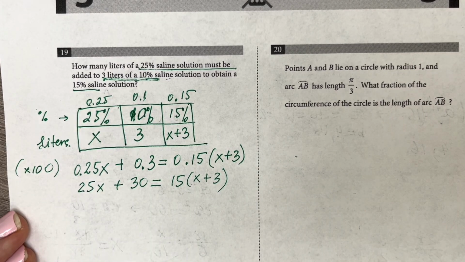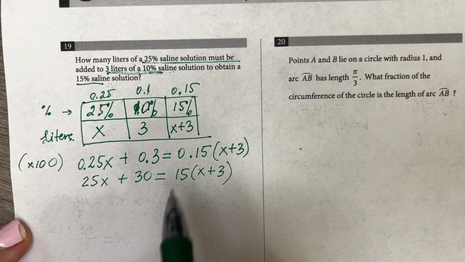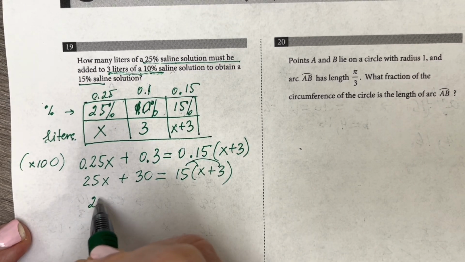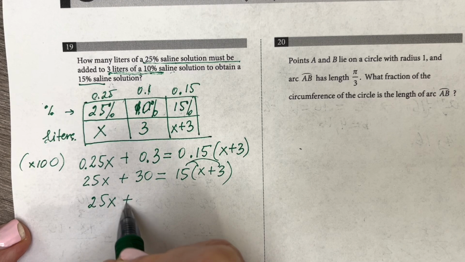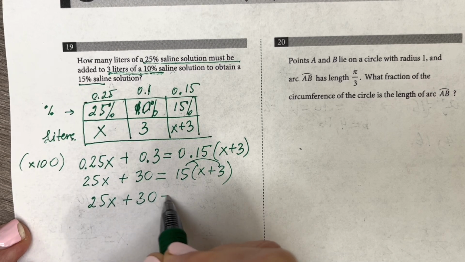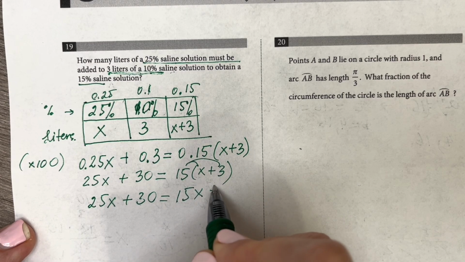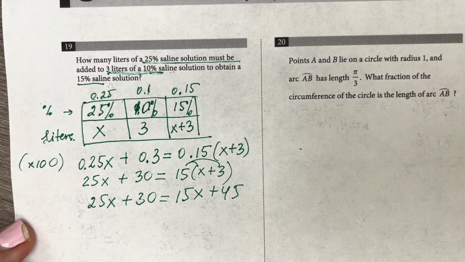A little bit better, right? Why not? No, distributive property first. So solving a very simple equation, we were doing even in middle school. So 15x plus 45.